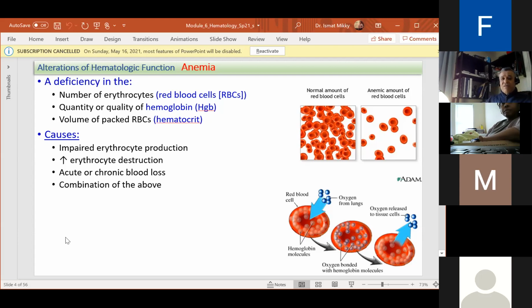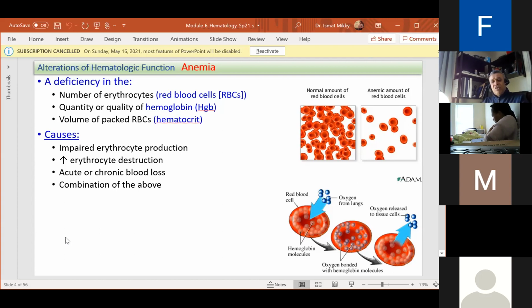Now, causes of different types of anemia. It can be because our bone marrow is not producing enough RBCs, erythrocyte production has become impaired, or there is a high rate of destruction of the RBCs.